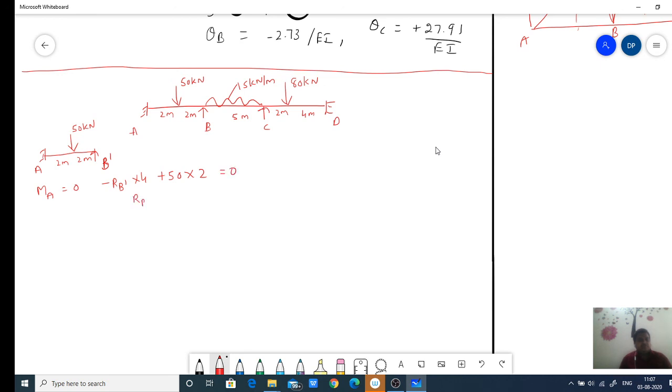Similarly, if I calculate RB dash, 100 upon 4 means this will be 25 kilonewton. Once this is 25 kilonewton, then my RA will also be equal to 25 kilonewton, right?